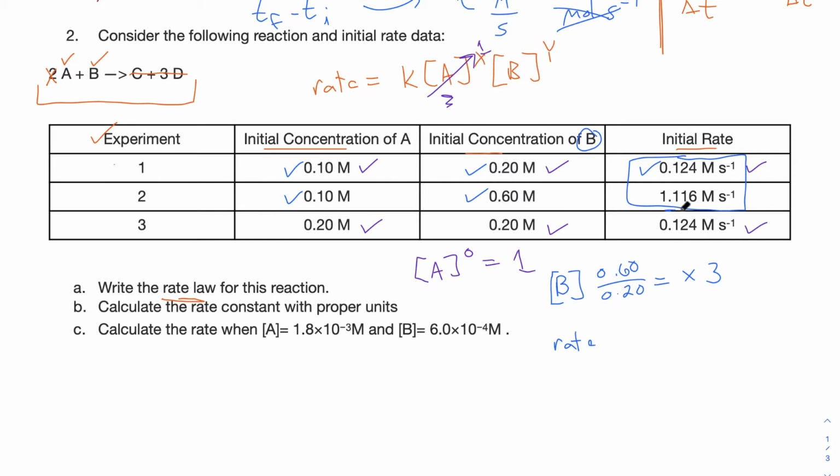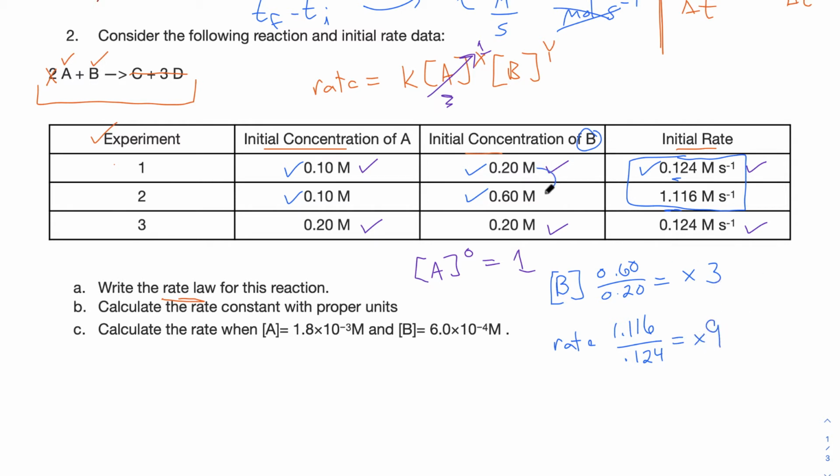And you do the same thing for the initial rates. So if I want to see how much the rate is being affected by this tripling of the concentration, I just do 1.116 divided by 0.124, and that gives me a value of 9.